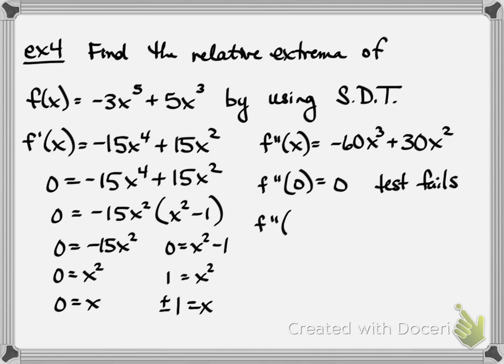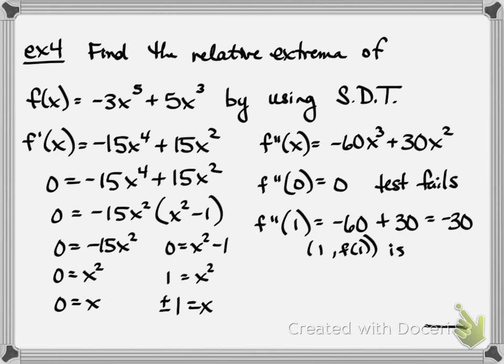You plug the positive 1 into the second derivative, and you get a negative, which means that f of 1 is a relative max. And then when you plug your negative 1 into the second derivative, you get a positive 60 and a positive 30.